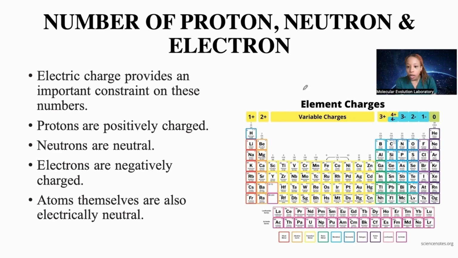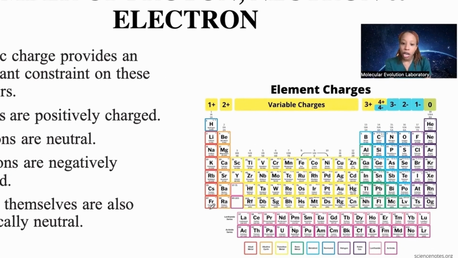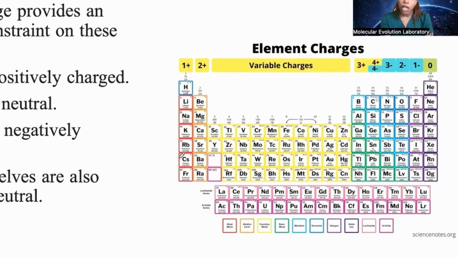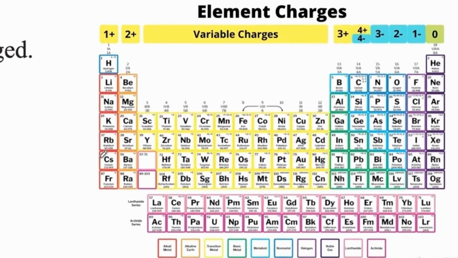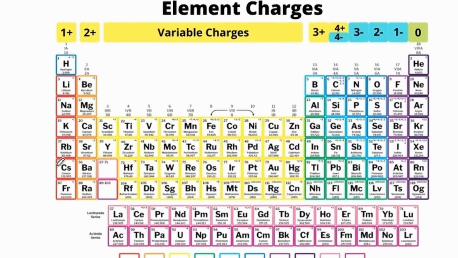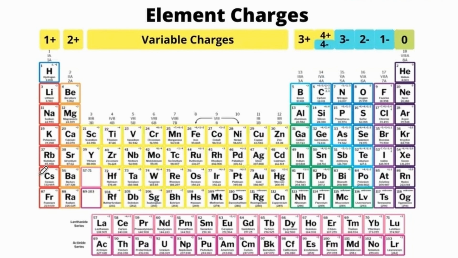So the number of protons and neutrons provide a constraint on the electric charge. If you look at this periodic table that we have here, you can see the elements that are positively charged. As we said, the group 1 elements are +1, and this means that they only have one electron on their outermost shell, called the valence electron. Group 2, the alkaline earth metals, are +2.